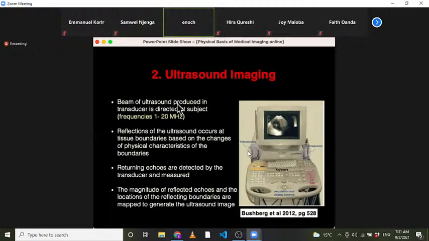So here we are using the transducer, which is the source, and it is also the one that is used as the detector. It is on the basis of the piezoelectric phenomenon, where some materials deform and reform upon application of electrical energy.